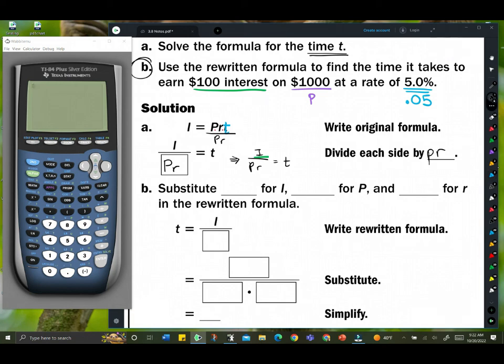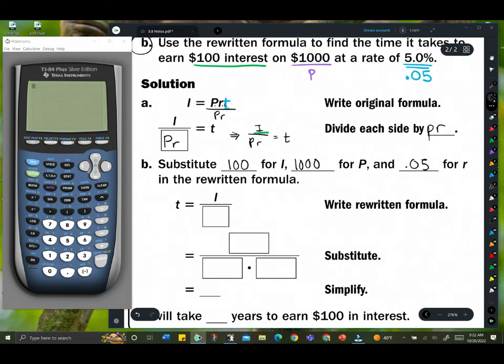So we're substituting in our $100 for interest, our $1,000 for the principal, and 0.05 for the rate. So time is equal to I over P times R. They just rewrite the formula.